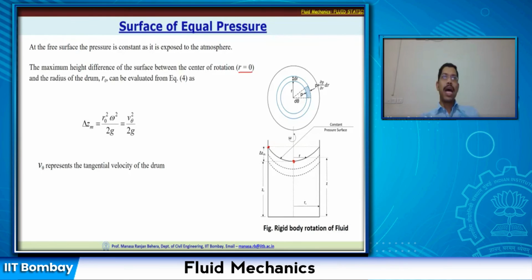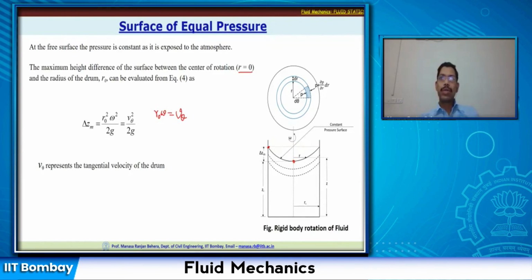Because here r is r0, so we are writing r0² ω² by 2g, and we know that r0 ω is nothing but the tangential velocity of the drum. So that is nothing but your vθ.